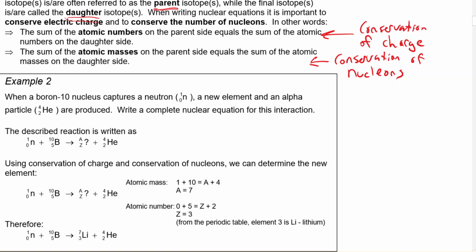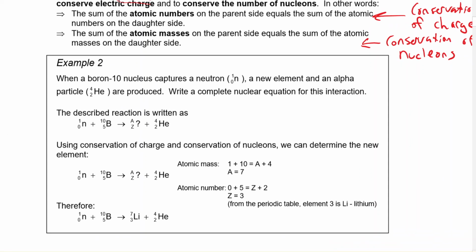Okay. And here's just a typical question, and you guys already know the answer because we've been looking at it. It'll say something like: when boron 10 nucleus captures a neutron, like a rogue neutron, a new element and an alpha particle, so helium, are produced. Write a complete nuclear equation for this interaction.